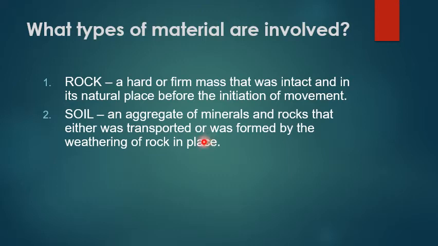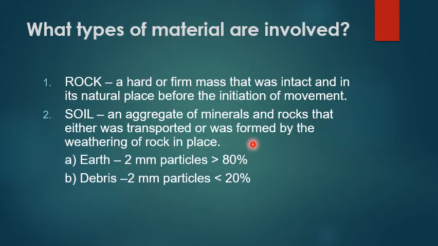Soil is an aggregate of minerals and rocks that either was transported or was formed by weathering of rocks in place. You can also subdivide soil into two. Earth, if 2 millimeter particles is greater than 80%. Debris, if 2 millimeter particles is less than 20%.